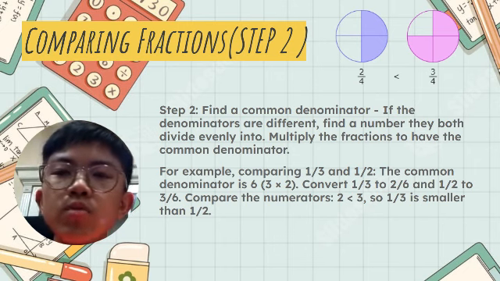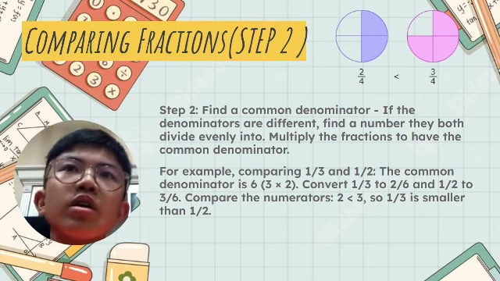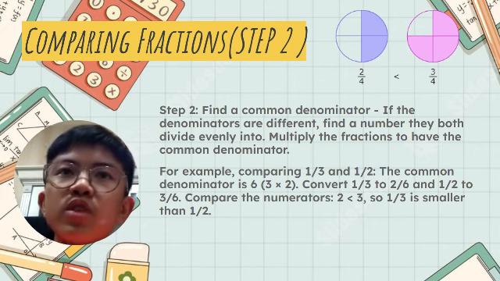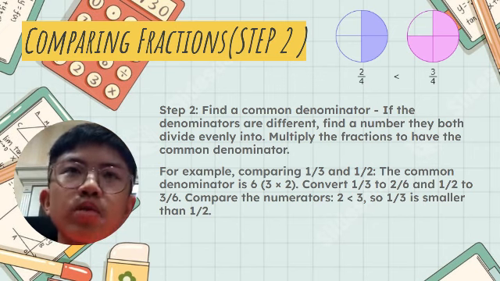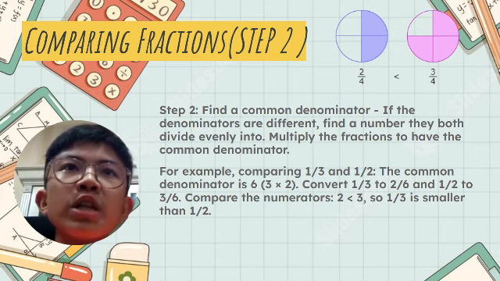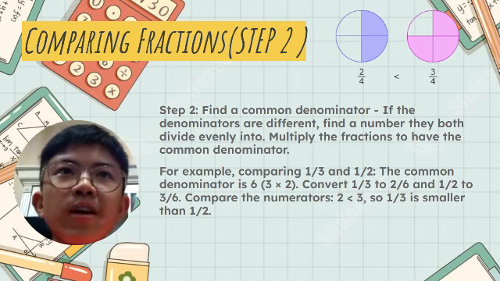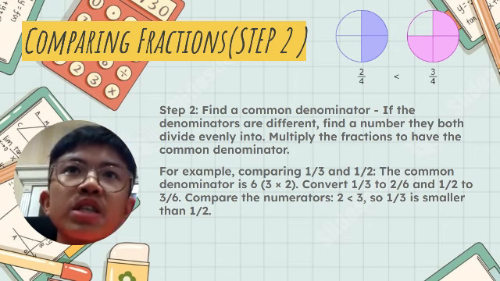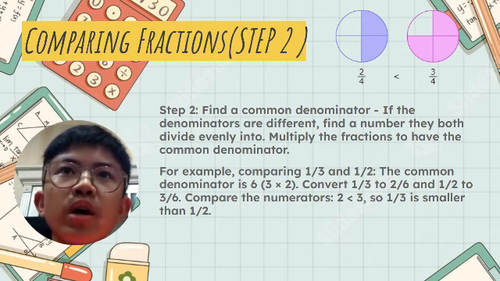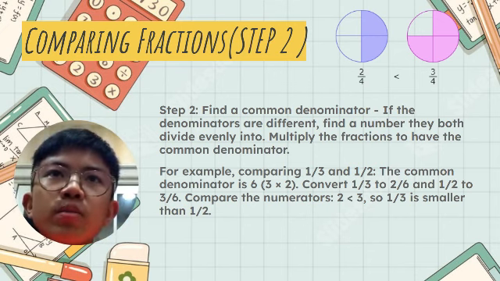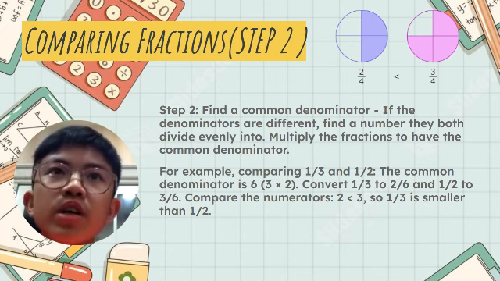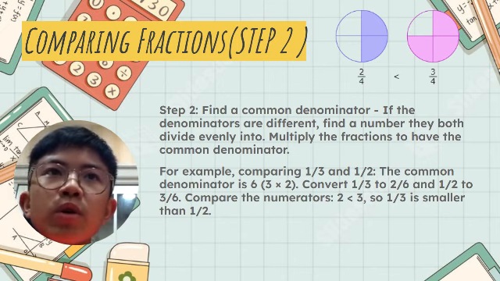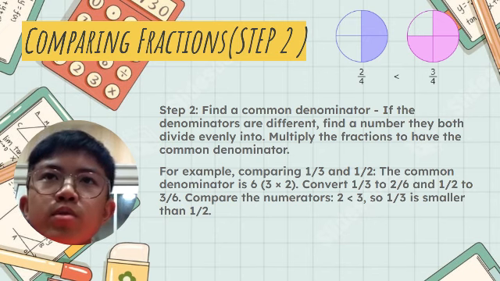Step 2. If the denominators are different, we need to find a common denominator. To do this, we need to find a number that both denominators can divide evenly into. Then we convert both fractions to have the common denominator. For example, let's compare 1 over 3 and 1 over 2.